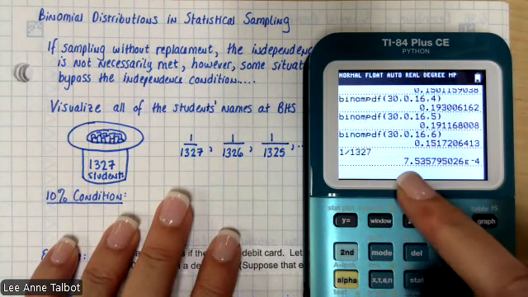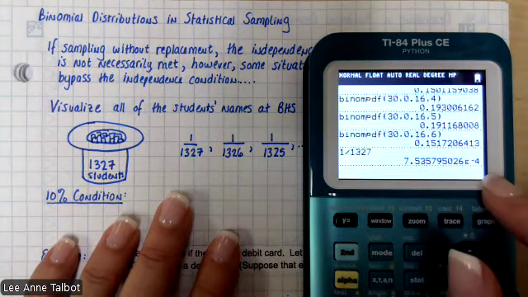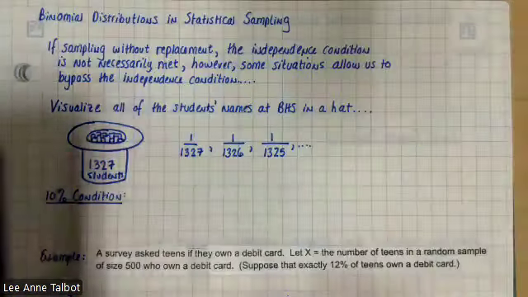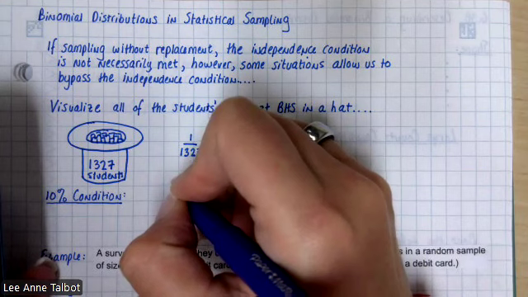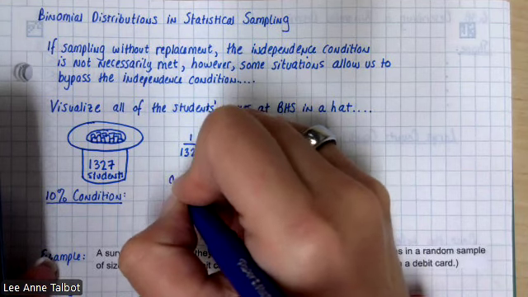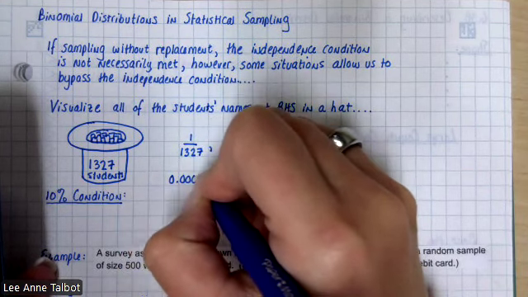This is 7.5 times 10 to the negative 4, which is 0.00075.